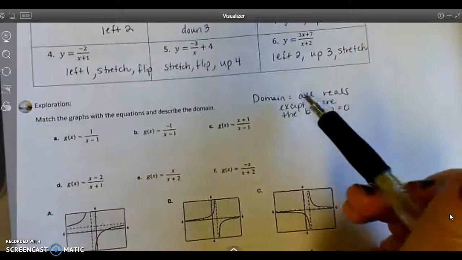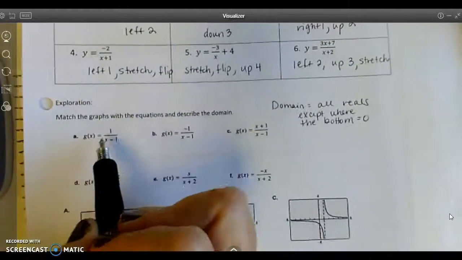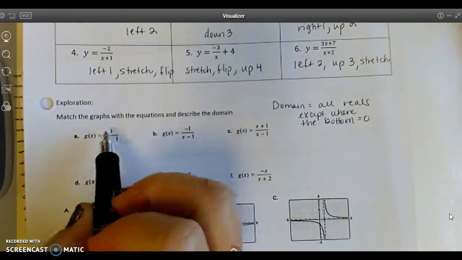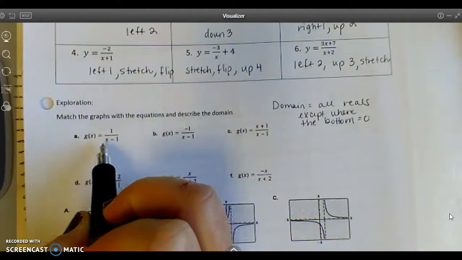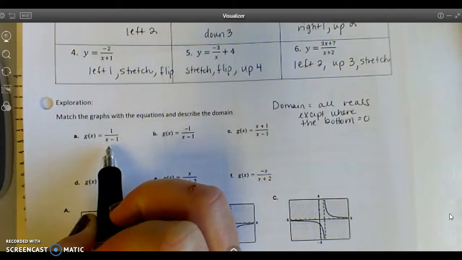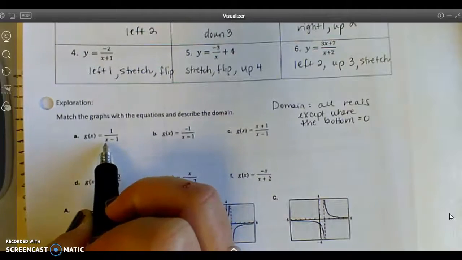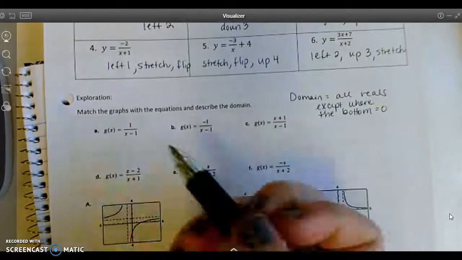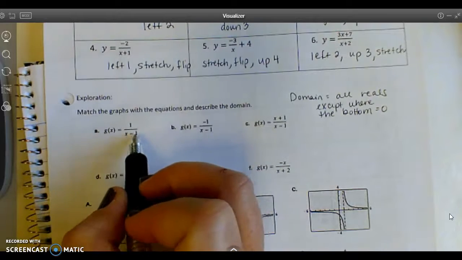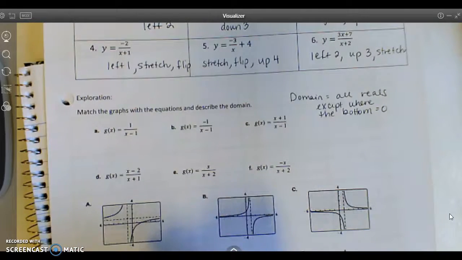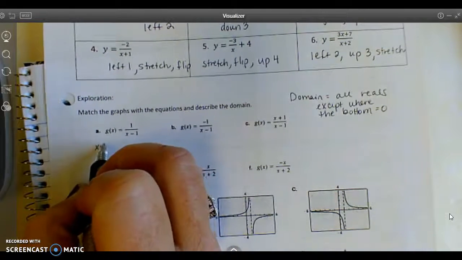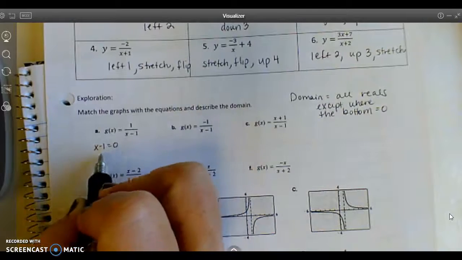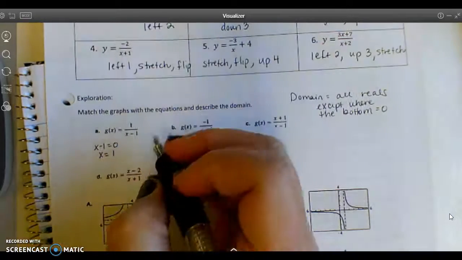So for all of them, the domain is all reals except where the bottom is 0. So when I look at A, where would the bottom be equal to 0? What value could you plug in for x that you would get 0? Well, it would be 1. And if you didn't know how to just look at it and tell, you would take the bottom, set it equal to 0, and solve. Like you could say x minus 1 equals 0, add 1 on both sides, you get x equals 1.